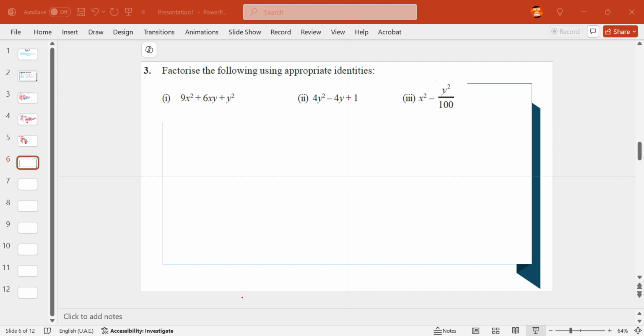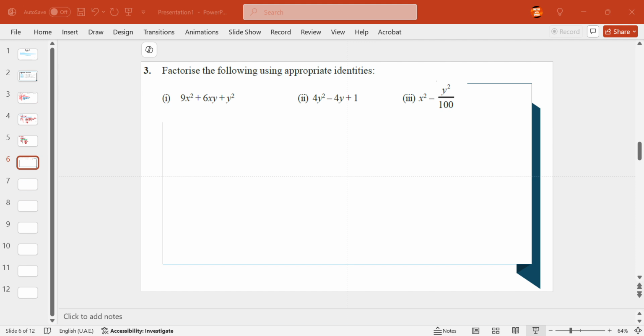If they are perfect squares, then check the sign of the middle term. If the middle term is positive, go with a plus b whole square. And if it is negative, go with a minus b whole square.